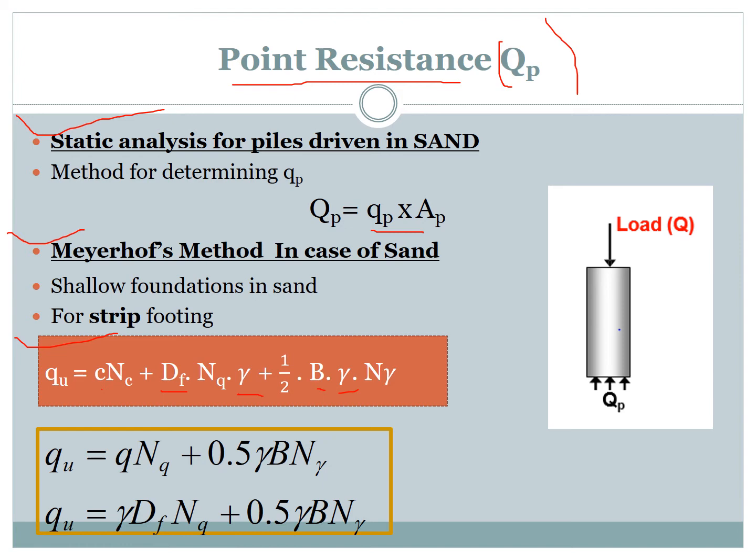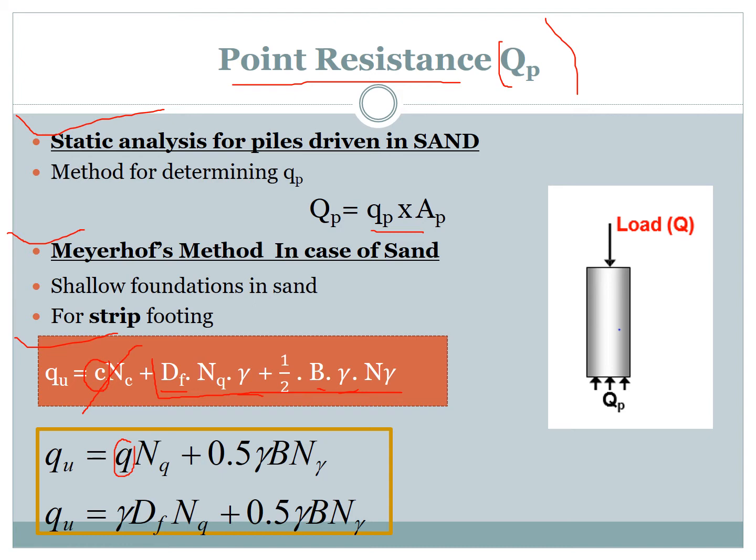In the case of sandy soil or cohesionless soils, this c becomes 0, so the first term becomes 0. The remaining equation is Df gamma Nq plus 1/2 B gamma N gamma, where Df gamma is replaced by small q.